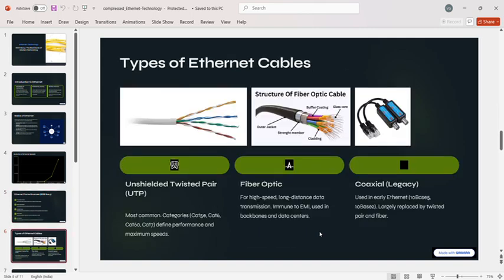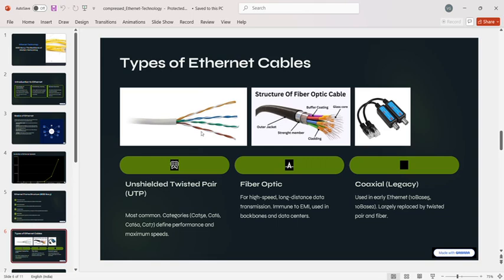Then we see the types of Ethernet cables. Ethernet is nothing but connecting through a wired medium, like cables. The types of Ethernet cables are three: unshielded twisted pair, fiber optic, and coaxial. The unshielded twisted pair is the most popular and commonly used Ethernet cable.